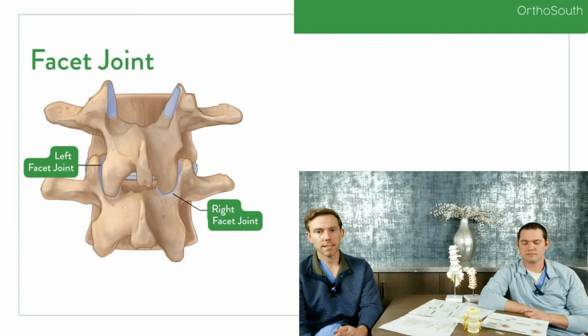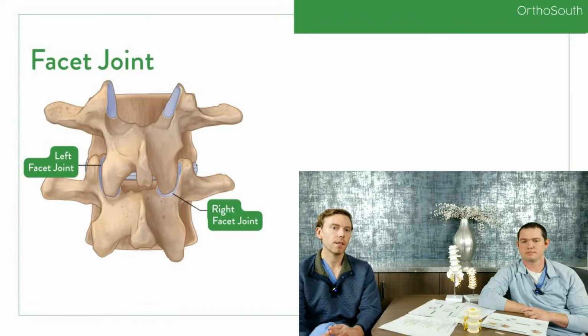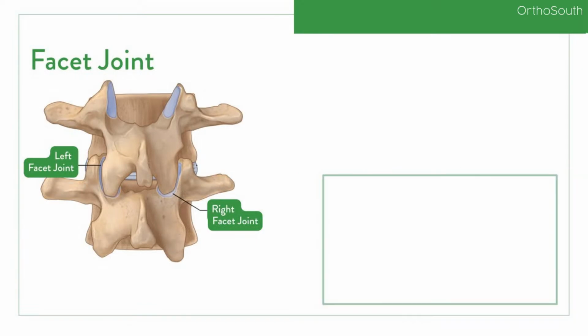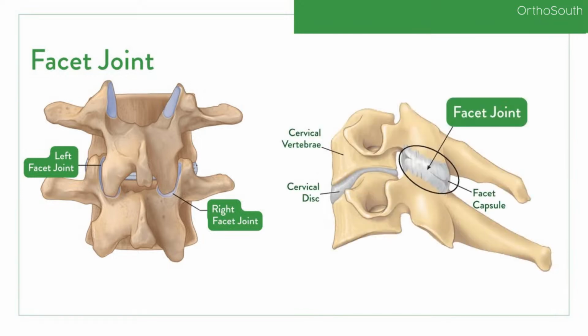But facet is essentially just a fancy term for joint. That is where the individual bones that make up your spine come together so that you can move your back. A lot of people might be more familiar with the bigger joints in the body, like the knee or the hip.